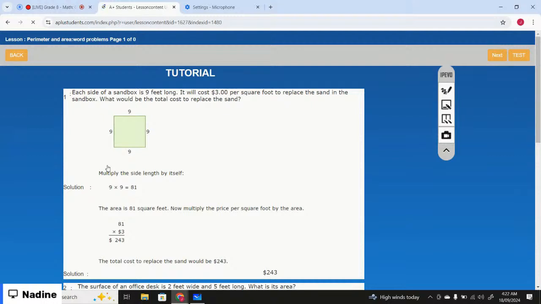Each side of a sandbox is 9 feet long. It will cost $3 per square foot to replace the sand in the sandbox. What would be the total cost to replace the sand, right? First thing is calculate the area, right?